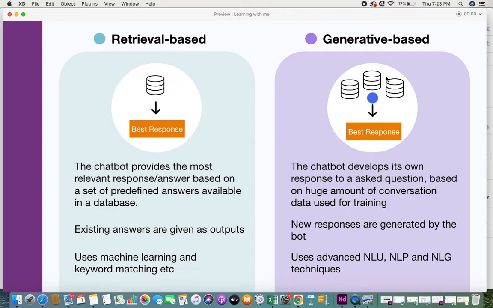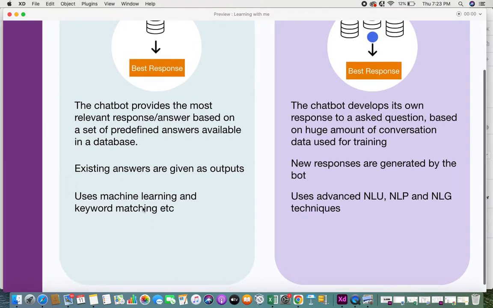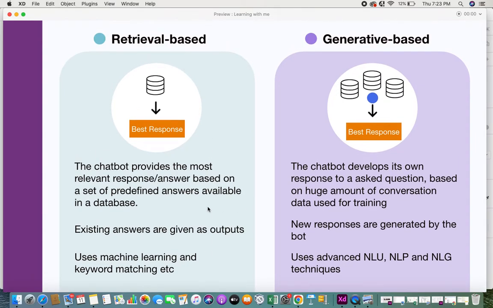So new responses get generated. For retrieval based, it uses machine learning and keyword matching, because it doesn't need much natural language processing, or have to give out new answers like a generative bot.